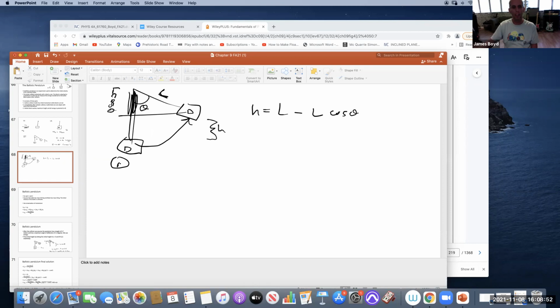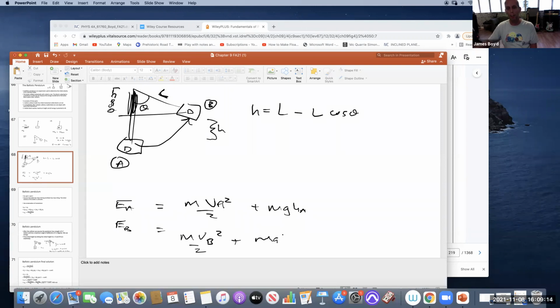Our energy at A and our energy at B are equal. Energy at A, we're going to assume it has kinetic energy, m v final squared over 2 plus m g h A. And at B, m vB squared over 2 plus m g h B. Energy is conserved. All we do is write the 2 types of energy we have and set them equal to each other. That's not equal, that's addition.